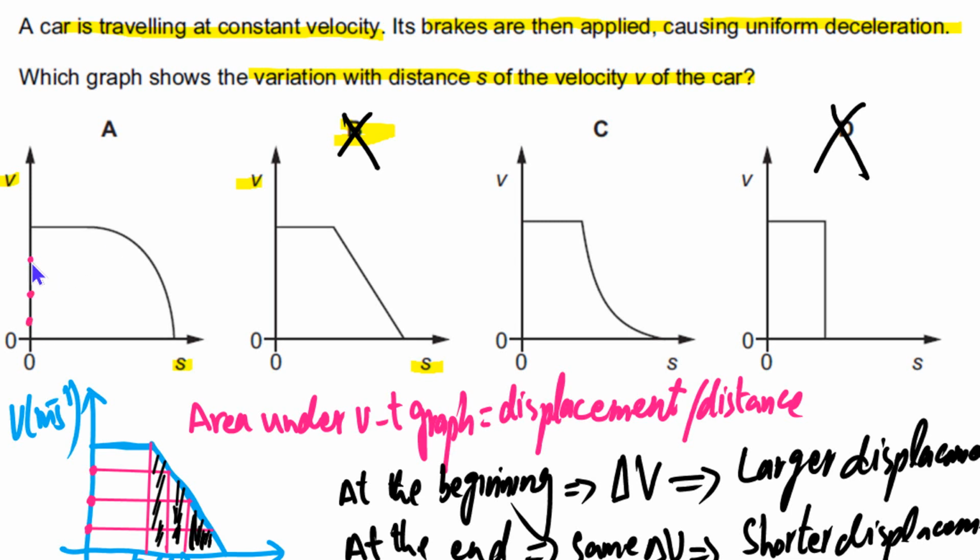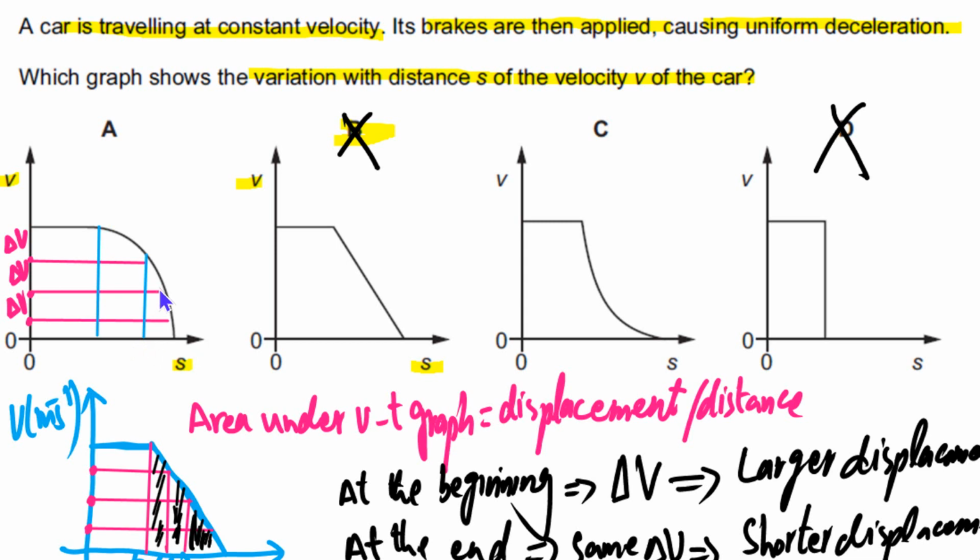Let me give you a feeling about that so you can see what is actually happening. What I'm saying with the same delta V is that this delta V here and this delta V are the same. We can also draw vertical lines.